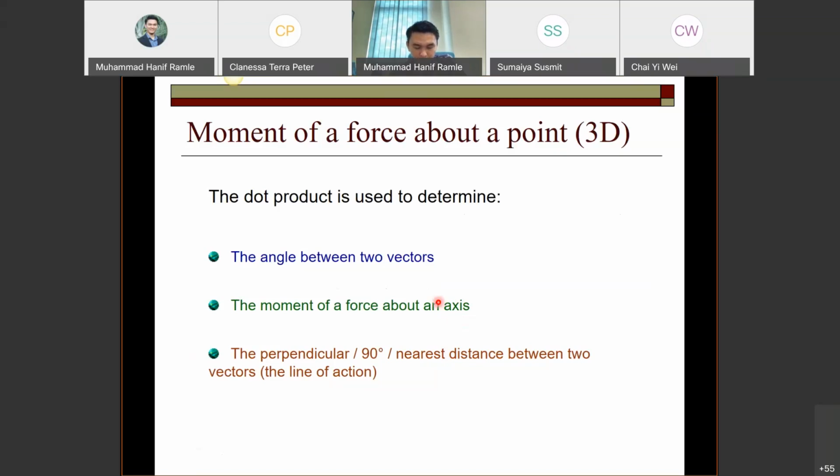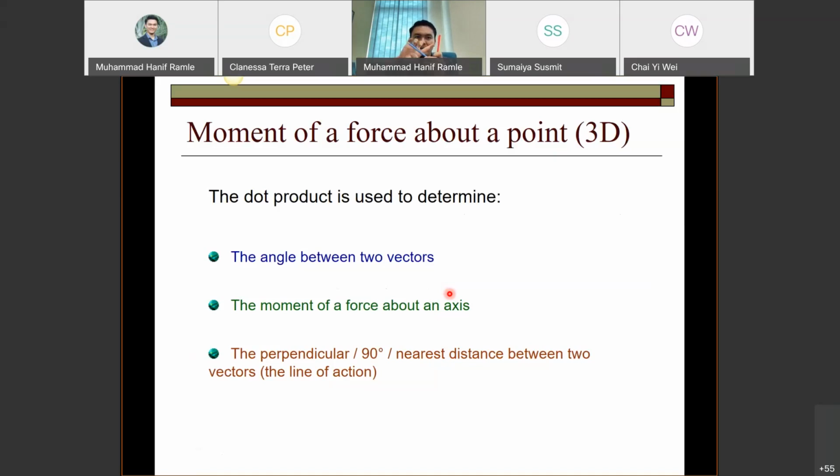And the last one is the perpendicular. We can determine the perpendicular, or 90 degree, or nearest distance between two vectors in the line of action. Let's say we have two vectors like this, and we want to determine the nearest distance, the perpendicular, 90 degree distance between these two vectors.